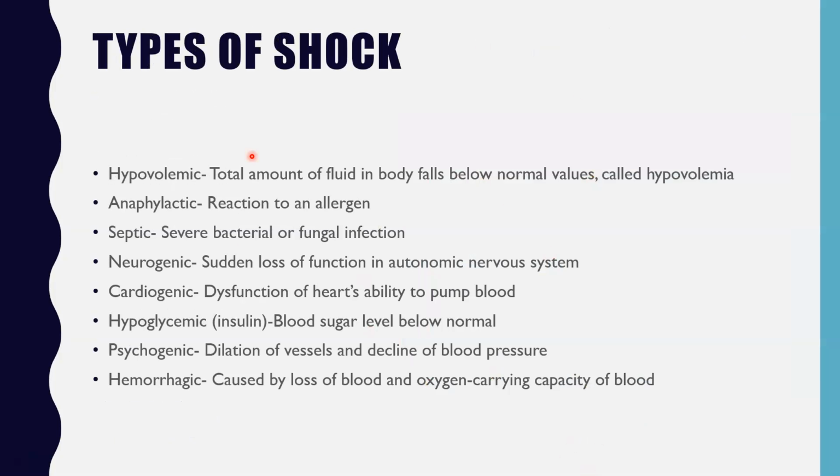As I mentioned, there are different types of shock, and with each of these types of shock, the cause is relatively different. So in hypovolemic shock, we have a total decrease in the amount of fluid below normal levels.